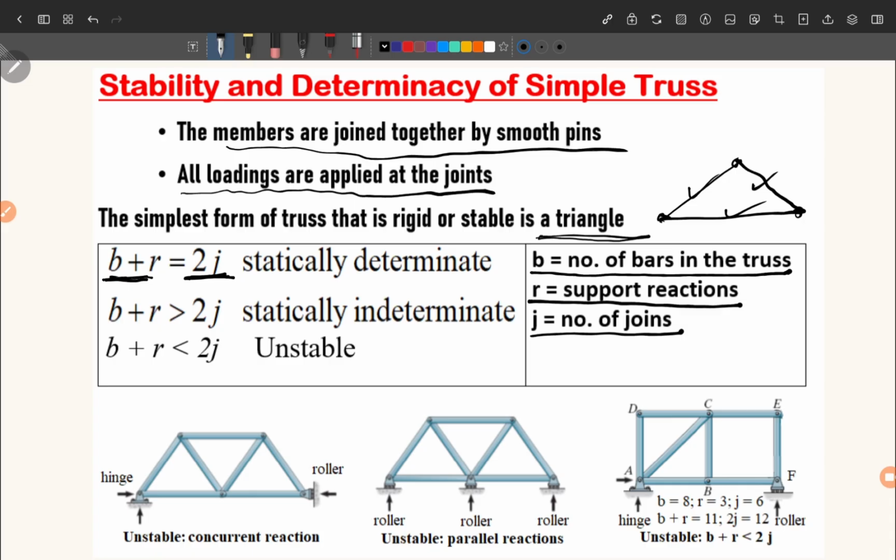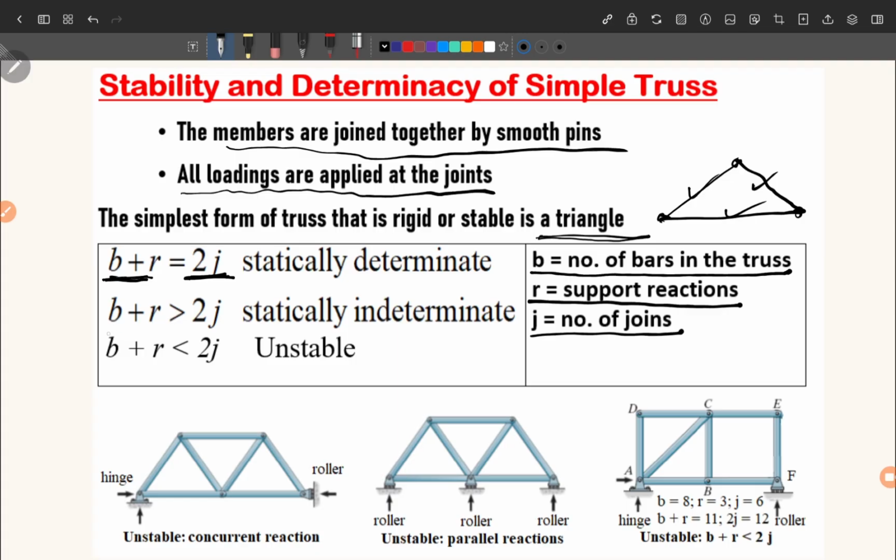So if you find that number of bars plus the support reactions is equal to 2 times the joints, as I told you earlier that every joint will give you two equations of equilibrium, that will give you the number of equations available for solving these unknowns. Because B, the force in the members, will be only axial force, one force in that member, and R, so these are the unknowns for the structure, internal forces in the members and the external support reactions.